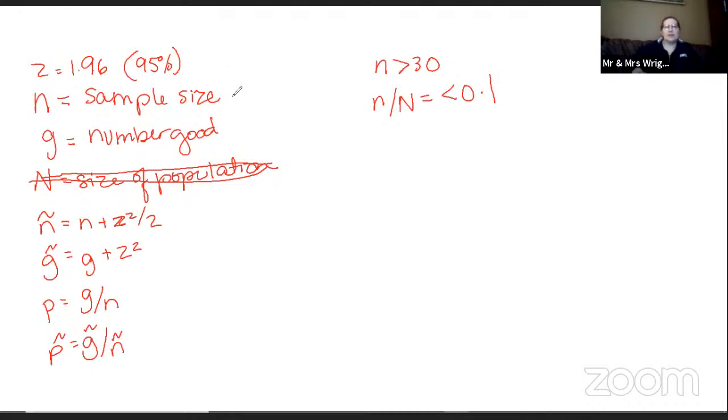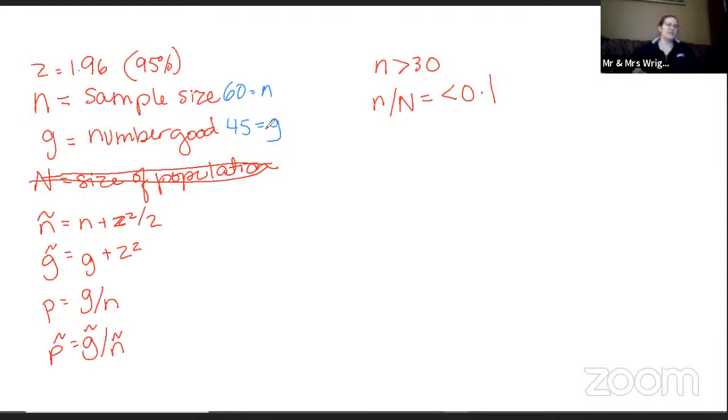So when we read that problem, our sample size was 60 pieces of information. So n equals 60. The number of good was 45. It's not good to have bad outcomes, right? We're looking for how many uneventful or easy outcomes she experiences.